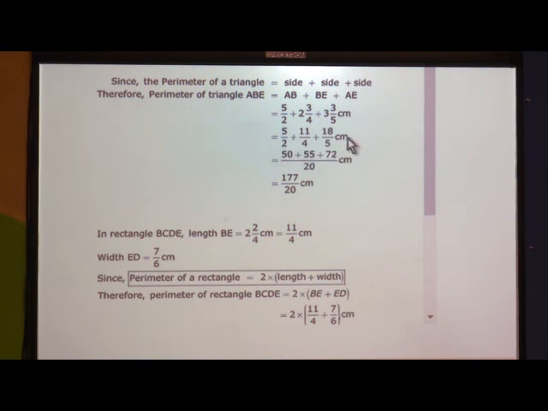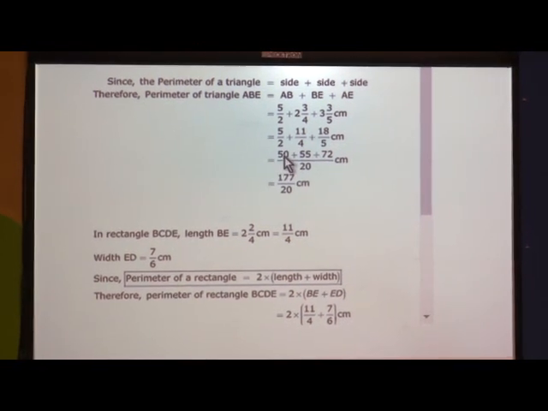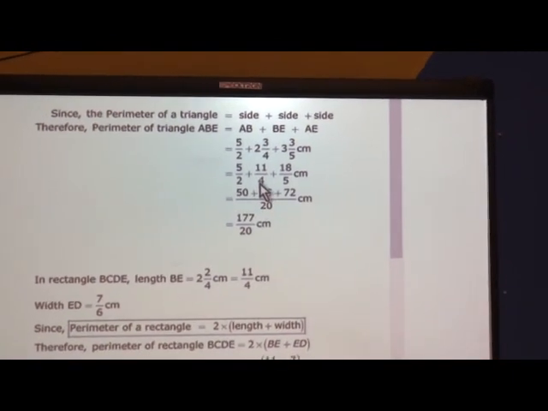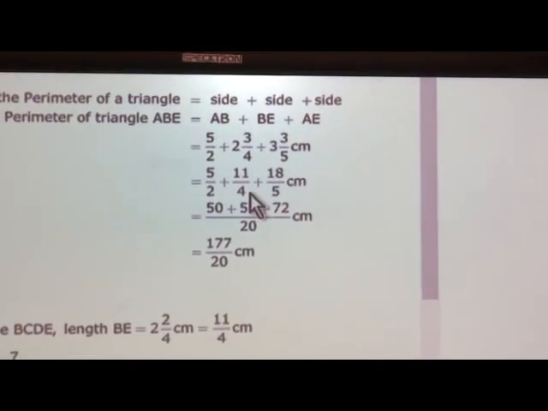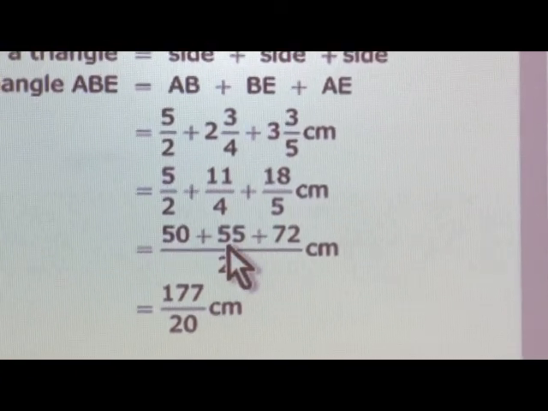First we have to find the LCM. By finding the LCM we get 20. To make 2 into 20, what will we multiply by? Yes, by 10. So 10 fives are 50. To make the denominator 4 into 20, we will multiply by 5. So 11 fives are 55.